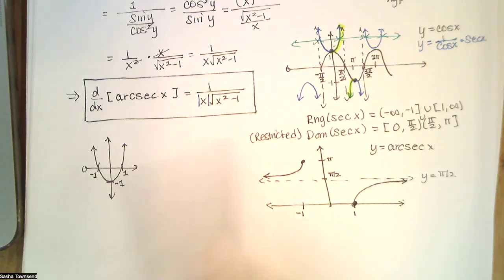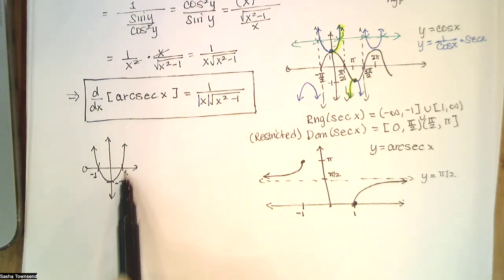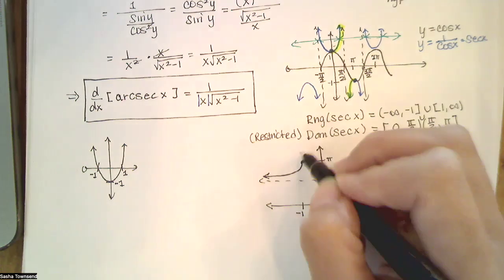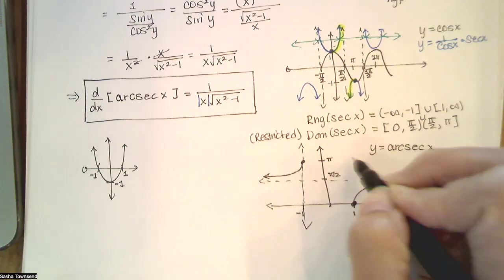But as we get close to plus or minus 1, we're going to have something that's very close to 0 here. So the derivative function will have asymptotes at plus or minus 1.